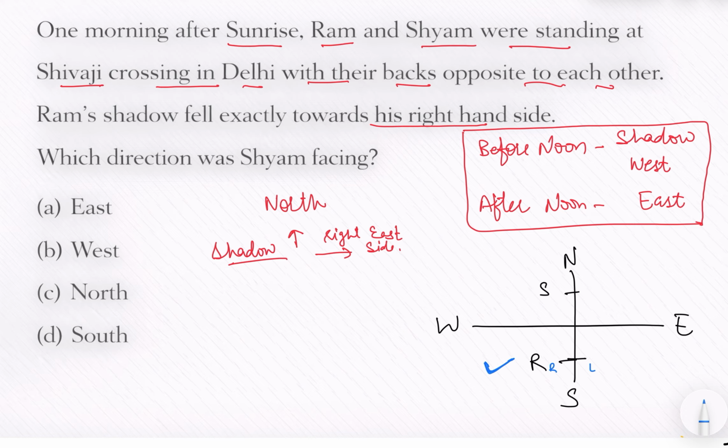So Ram is facing toward the south, and Shyam will face north side. Ram's shadow will be on his right hand side. West side of Ram, that is the right side, is towards the west. This fulfills the criteria. So Ram will face south and Shyam will face north.